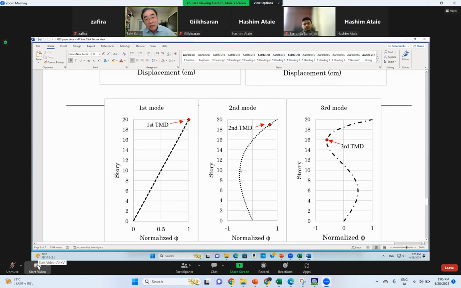Because this second TMD also contributes to the first mode. Definitely. It depends on the tuning, the frequency.